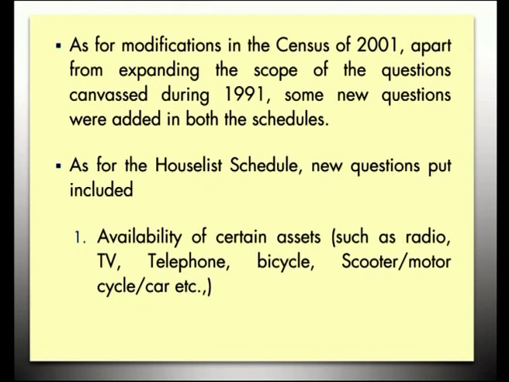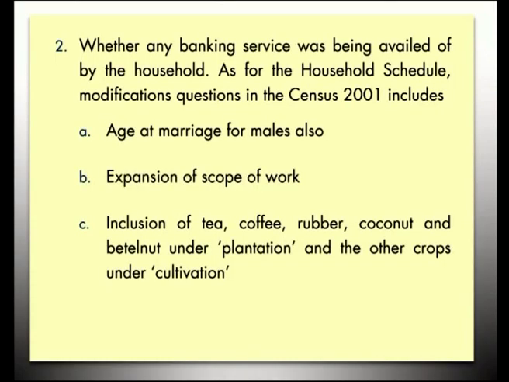As for the house list schedule, new questions included availability of certain assets, because everybody started having a radio, TV, telephone, a bicycle, scooter, motor, car, etc. Availability of such assets was posed as a question to the inmates of the house. The next question was about the banking service availed by the household.